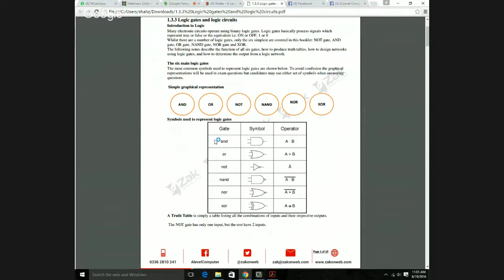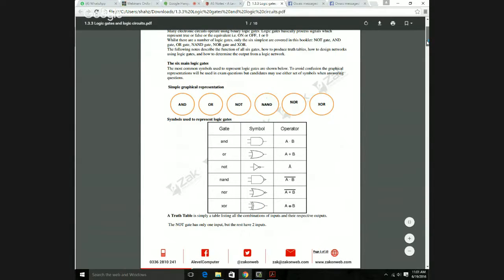This is an AND gate, this is an OR gate, and this is the NOT gate symbol. You take the AND and combine it with the bubble of the NOT and you get a NAND gate, basically NOT AND. Then we have the NOR gate, the OR with the bubble, and then the XOR gate.